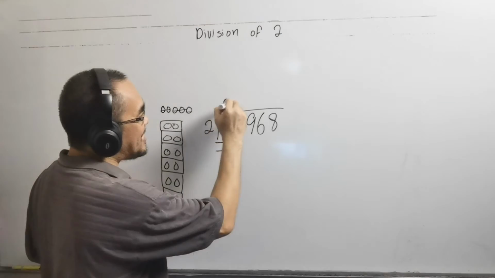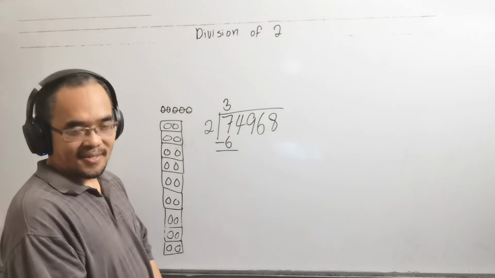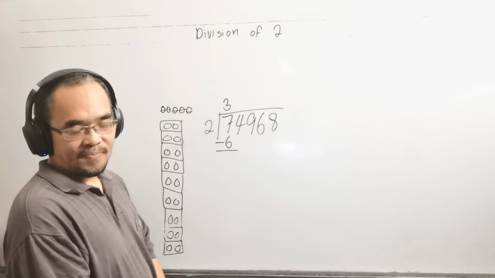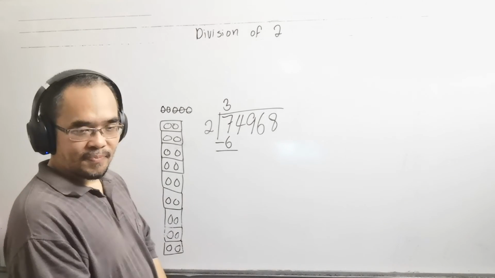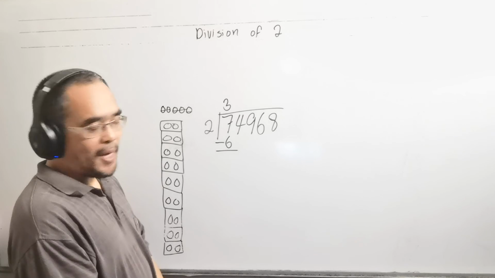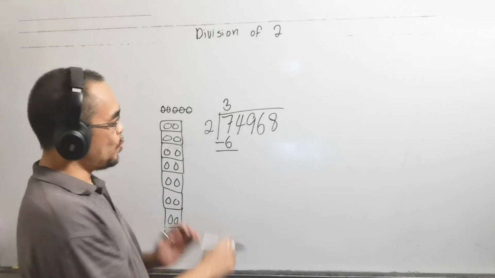So that 3 is on top here. Seven minus 6 is what? 1.